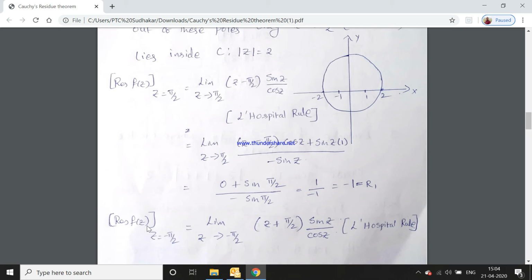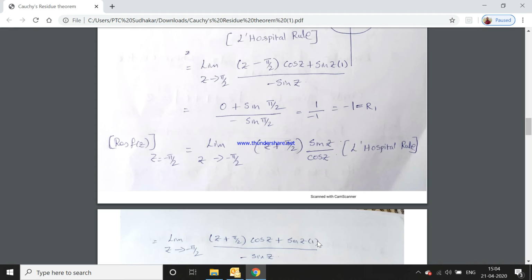Now the residue of f(z) at z equal to minus pi by 2 equals the limit as z tends to minus pi by 2 of (z plus pi by 2), because z minus of minus pi by 2, into sin z by cos z. Again we apply L'Hospital's rule.